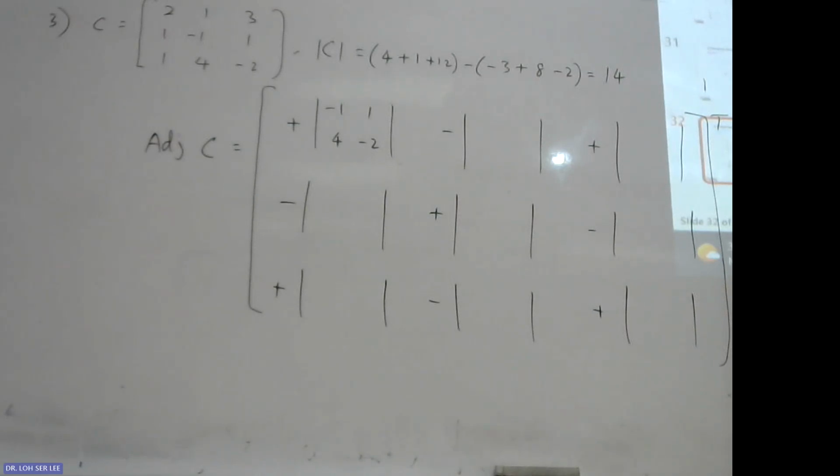The adjoint C is a transpose matrix. Do not forget the transpose, otherwise you will skip the step and get the wrong answer.